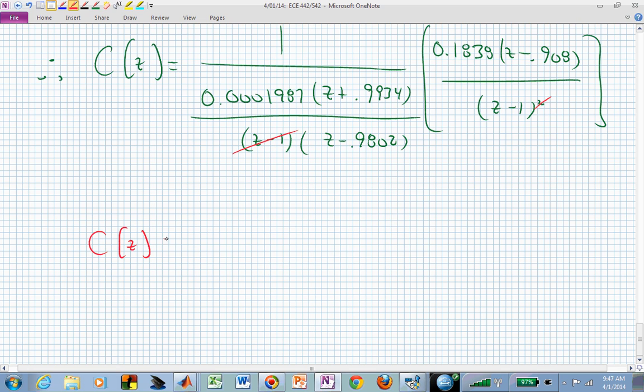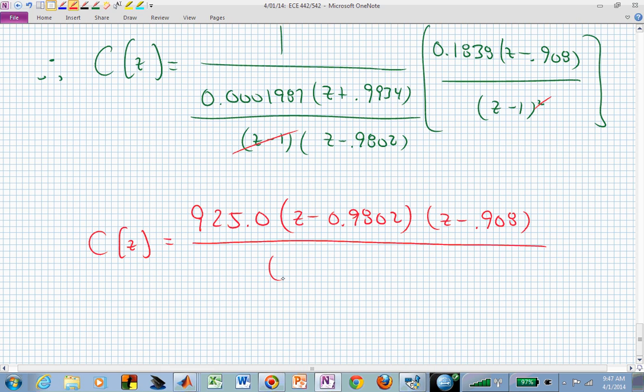C of z equaling 92.5 (z minus 0.9802). That's coming from the pole of our original plant, (z minus 0.908). And then downstairs we have one of those z minus 1 factors, and we have the z plus 0.9934.